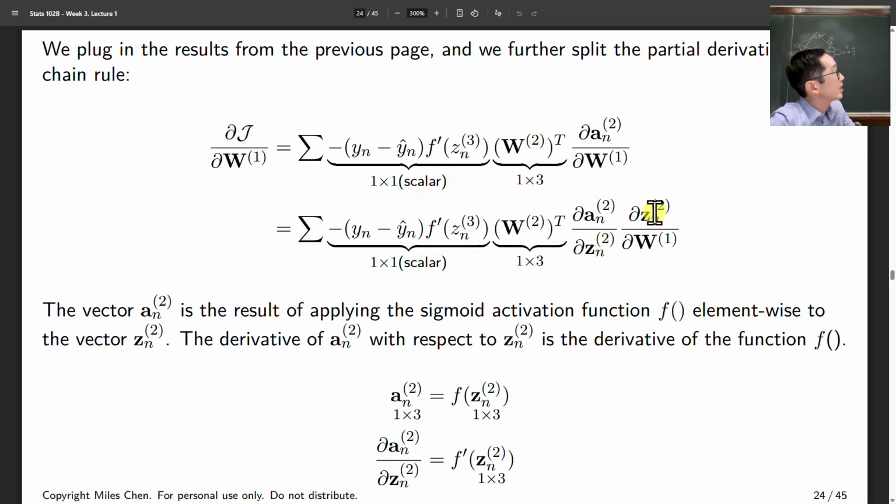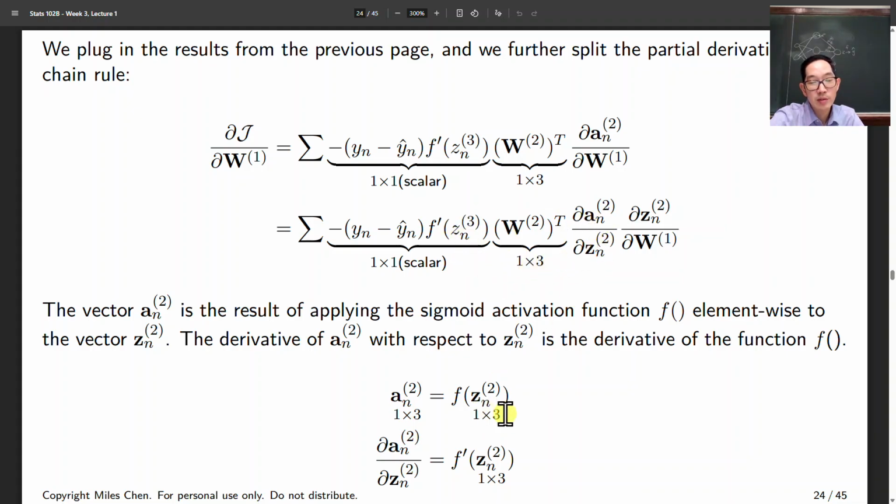And then the Z values change when we multiply the input values X times W1. Because we have the same activation function in the hidden layer, this part is just going to be F prime applied to the values in our hidden layer here. So it's the same logic that gets applied here.